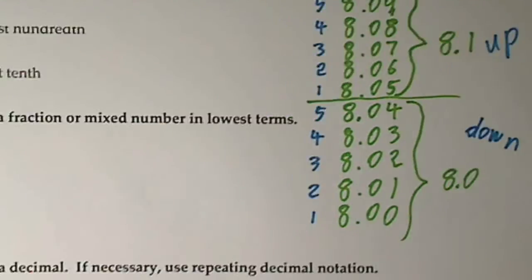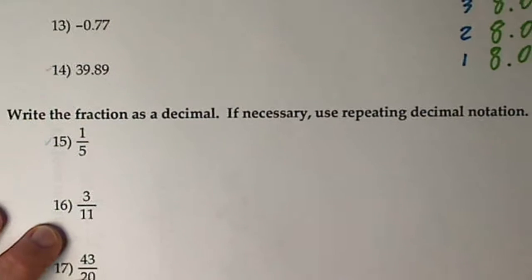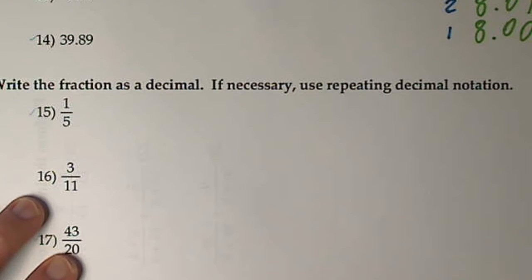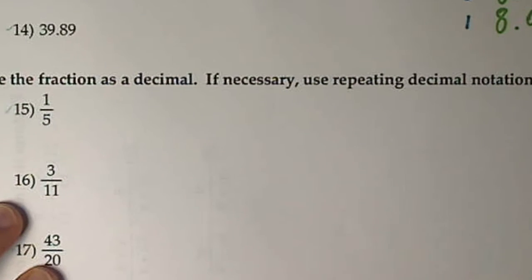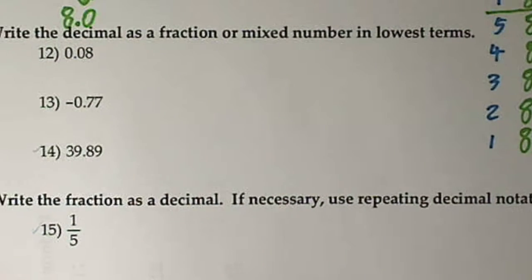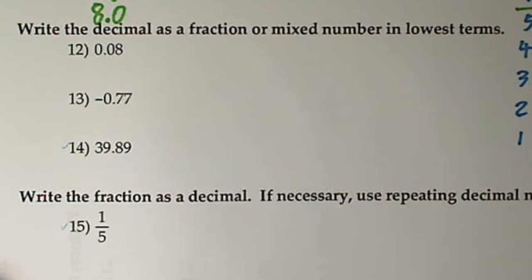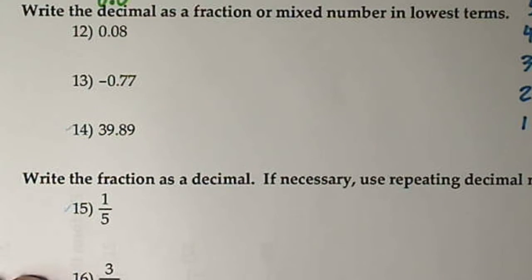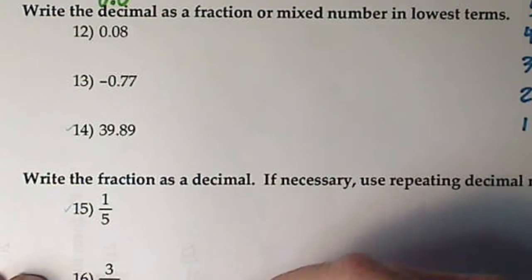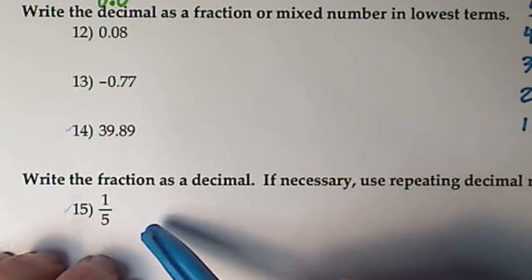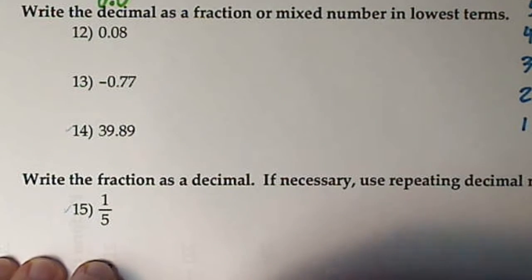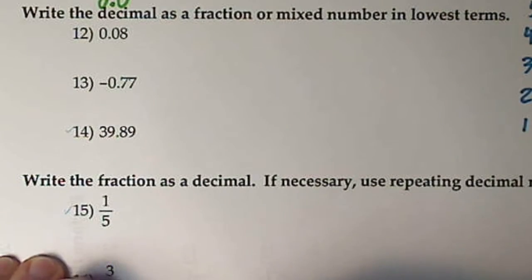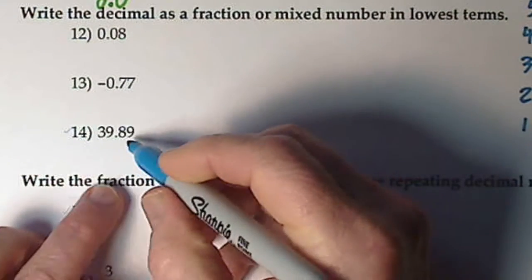And we'll also take a look at number 14. Bring that into view and zoom in a little. And what is it they want us to do here? Write the decimal as a fraction or mixed number in lowest terms. Okay. For number 14, this is 39 and what's the decimal value here?